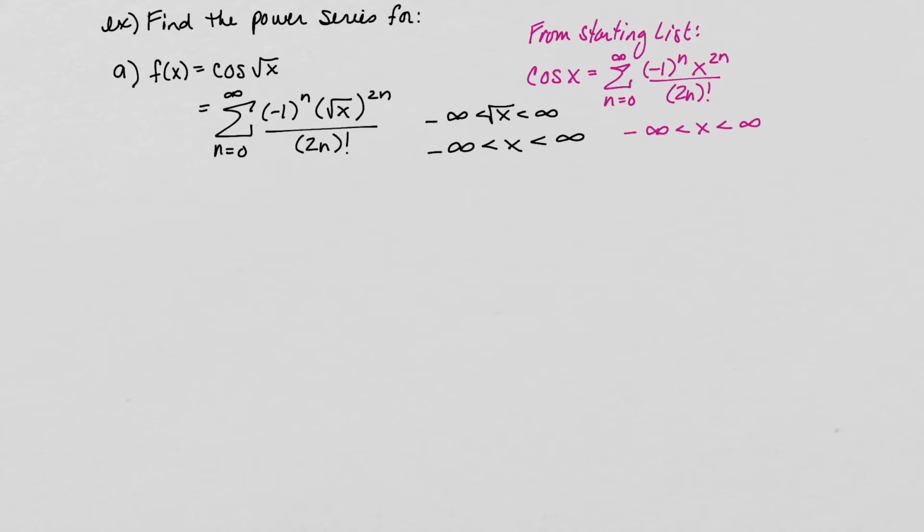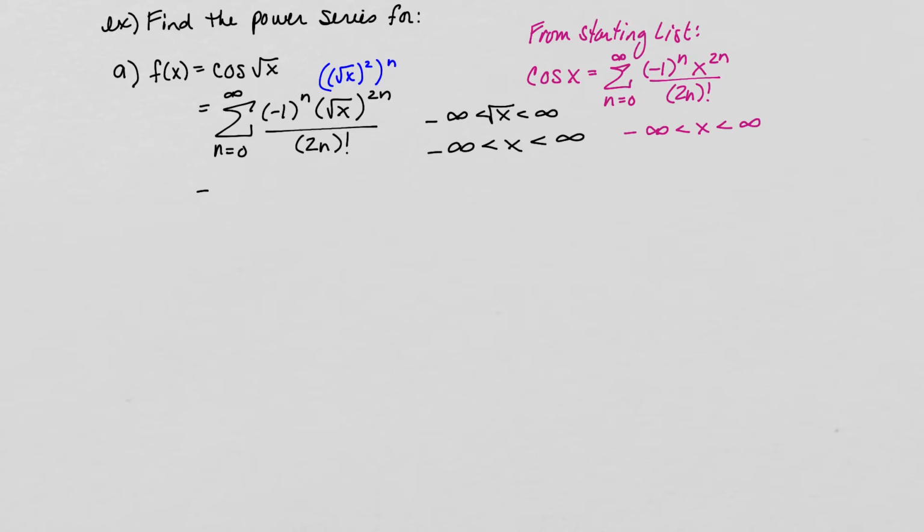The other thing I would do here is rewrite this part, square root of x to the 2n. Remember, that's really saying the square root of x squared, all to the n power. And the square root of x squared is just x.